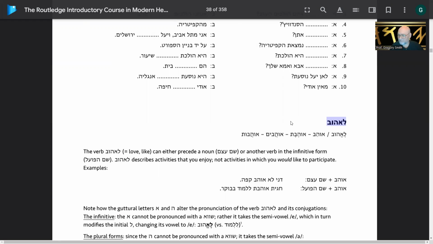Oh, that's right, it comes from ahav, to love. Le'ehov. Oh, it's le'ehov. So that's what this is. Le'ehov, to love. All right, good deal. That's where we'll pick up next time.